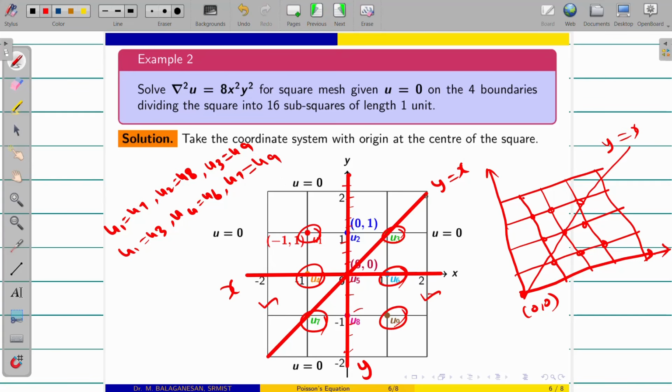If you fold along the y equal to x line, what values will coincide?